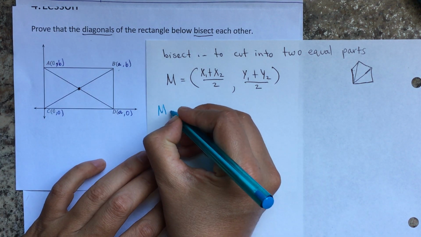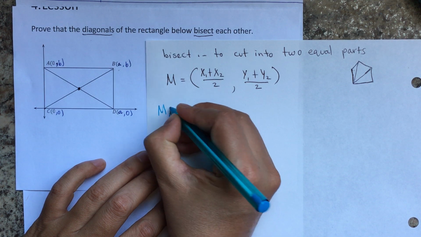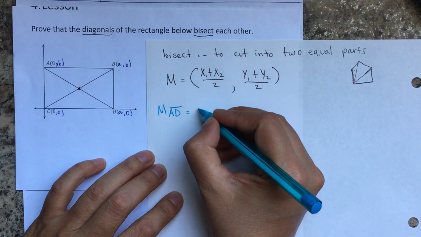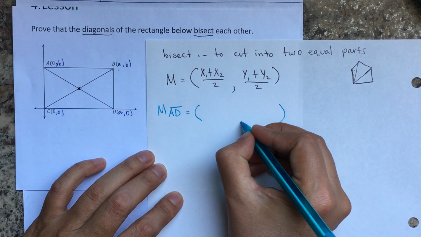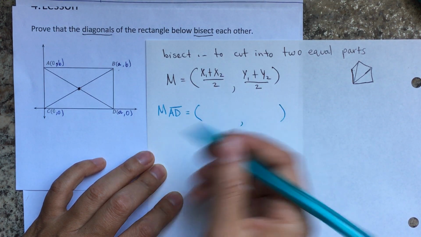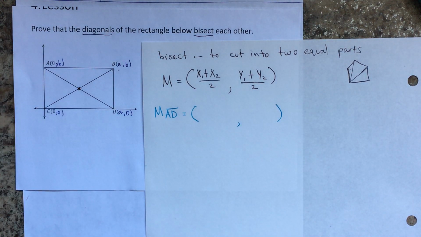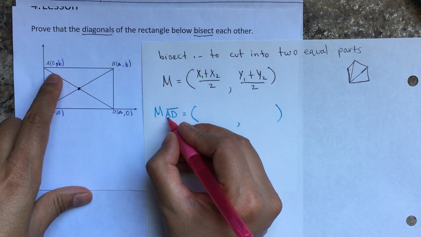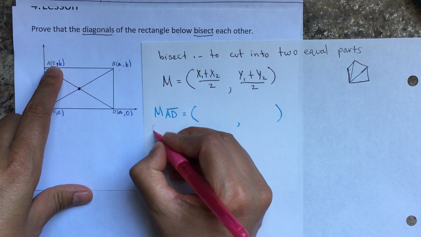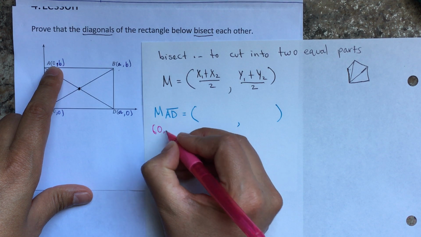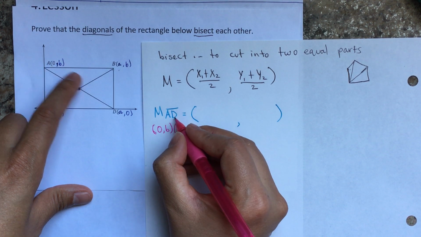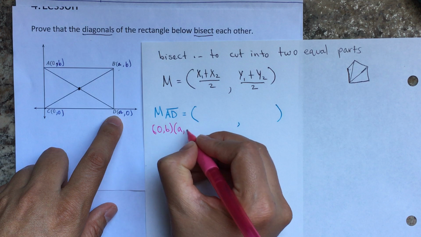So the midpoint of AD is going to be found by adding. And so in here, so that I don't get confused, I'm going to write the point of A, the coordinate, so it's 0, b. And the coordinate for D is a, 0.